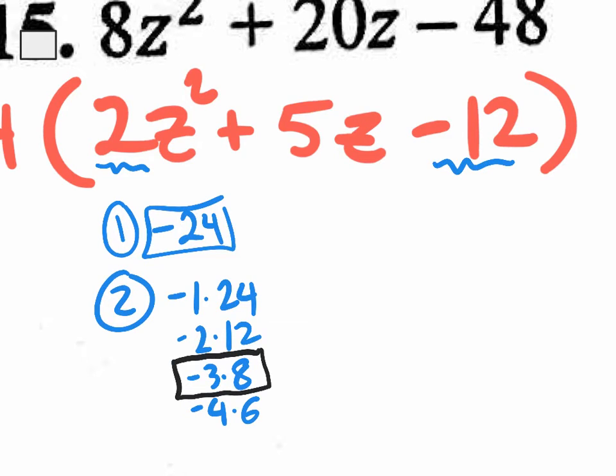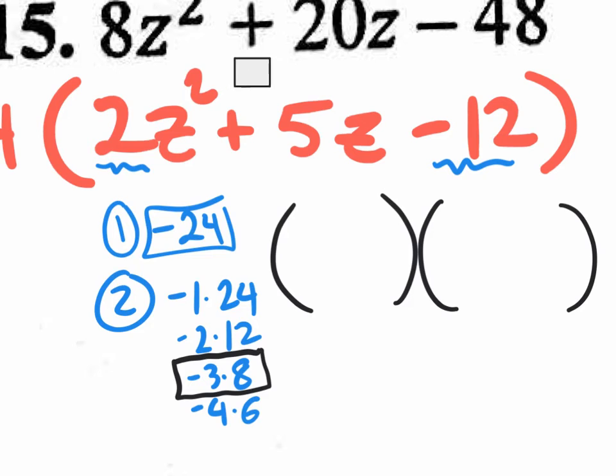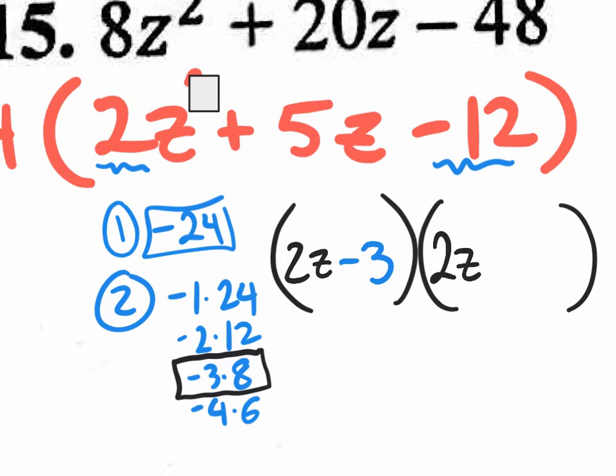Negative 3 times 8. So let's use our answer format. Now remember, the answer format would be simply covering up the square. Simply cover up the square, and that 2z is going to be on each of the parentheses. 2z, 2z. And then you take the pair of numbers from step 2, the minus 3 and the plus 8, and you plug them in, and then you reduce each of the binomials.